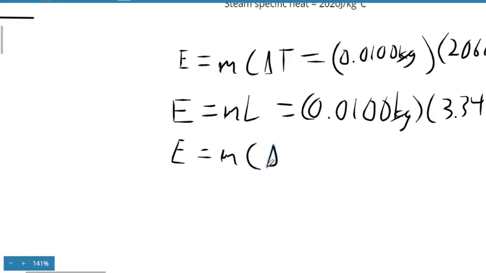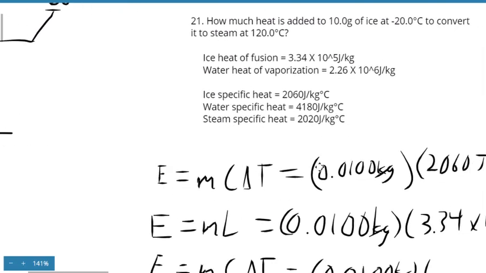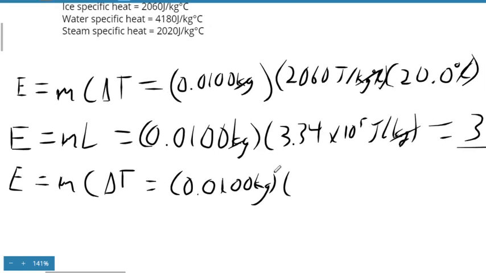So m, same as always, 0.0100. We never lose any mass or gain any mass. It's the same sample. And then c, the specific heat for water, is 4180 joules per kilogram degree Celsius.